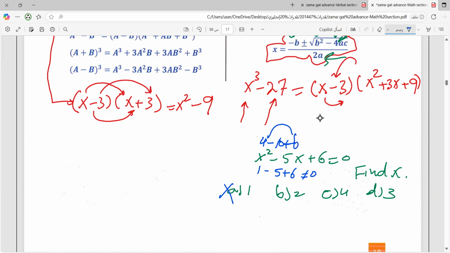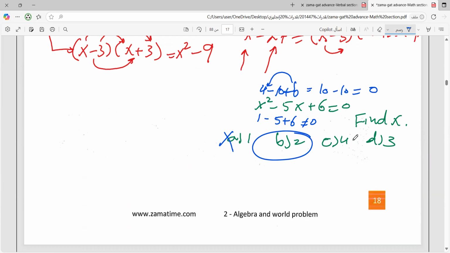So we have 6 and 4 equals 10, minus 10 equals 0. So the answer is B. It's easier, right? Yes. No need to use the quadratic formula. Then you take a long time, so only you substitute, then you find the answer.